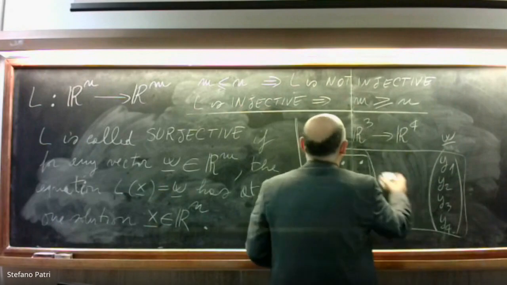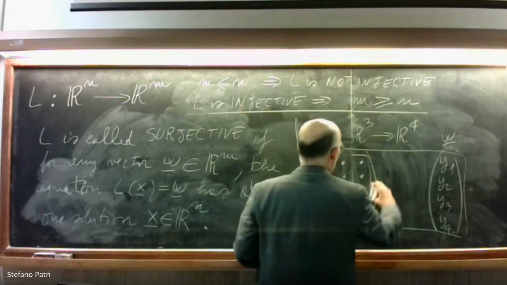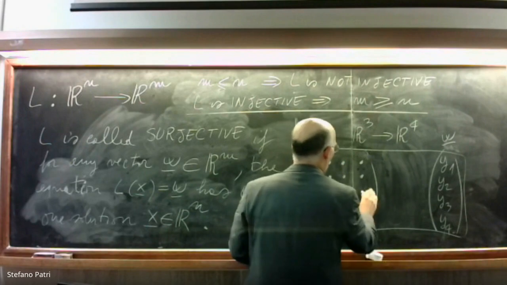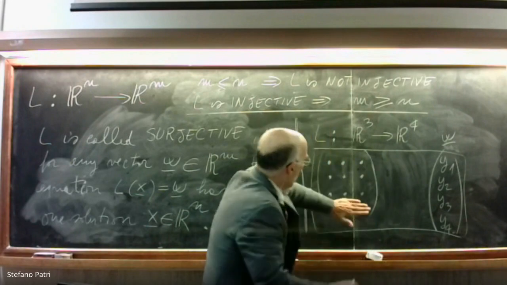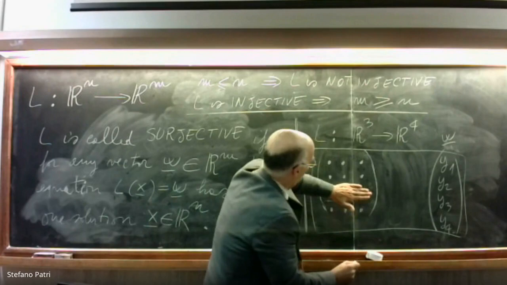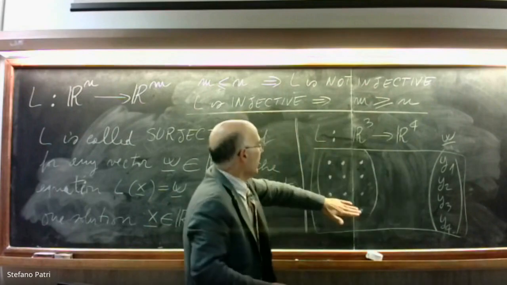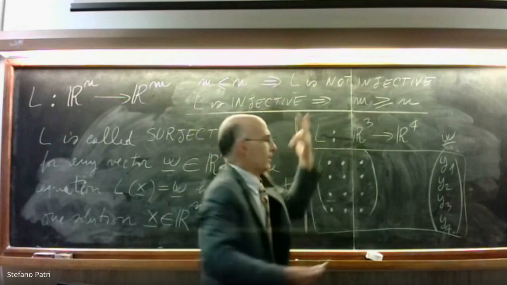If instead the rank is 2, for example all minors of order 3 have vanishing determinant. In this case, the rank is 2.